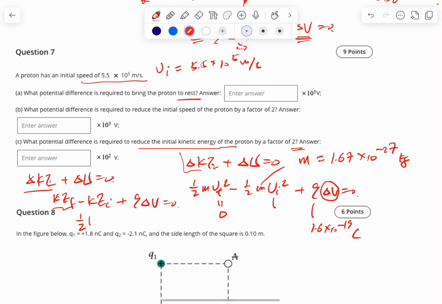So half KE initial minus KE initial plus Q delta V equals 0. Okay, keep going. Let me use this eraser.